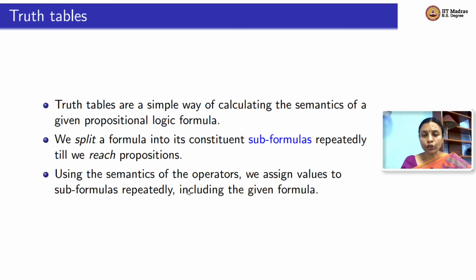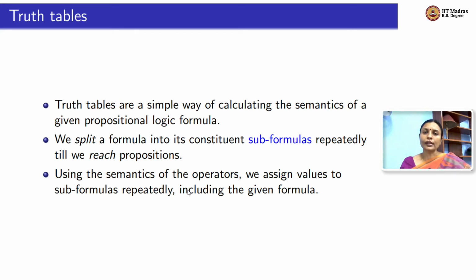So there is an algorithmic way of calculating when a particular formula returns true or false, and that is done using an entity called truth tables. Truth tables represent a simple algorithmic way of calculating whether a given formula will return true or false.